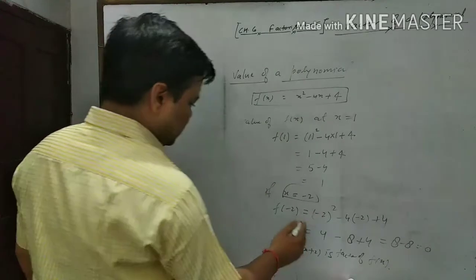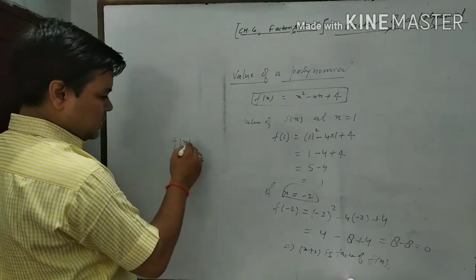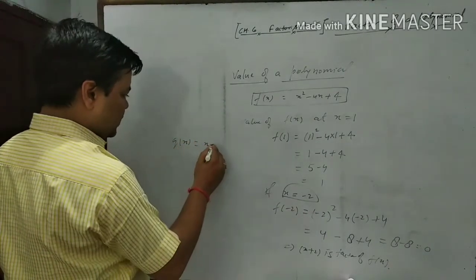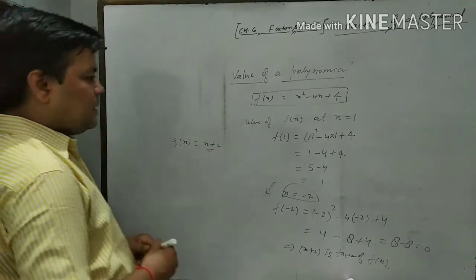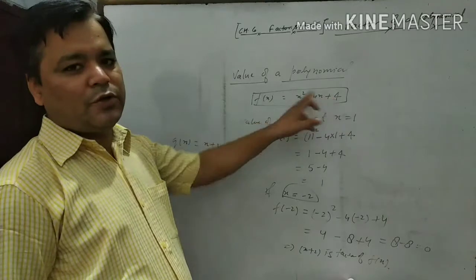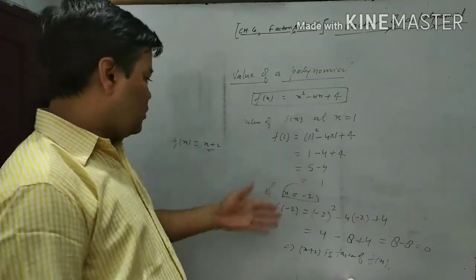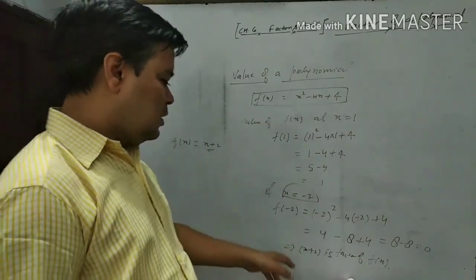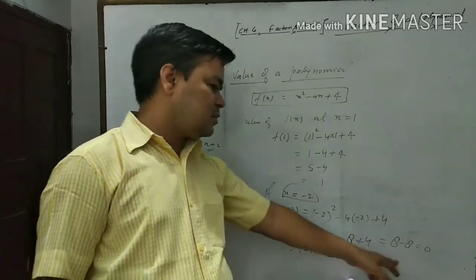If we take g(x) equal to x plus 2, then we can say that x plus 2 is a factor of this polynomial. Why? Because at x equal to minus 2, the value of the polynomial is 0.